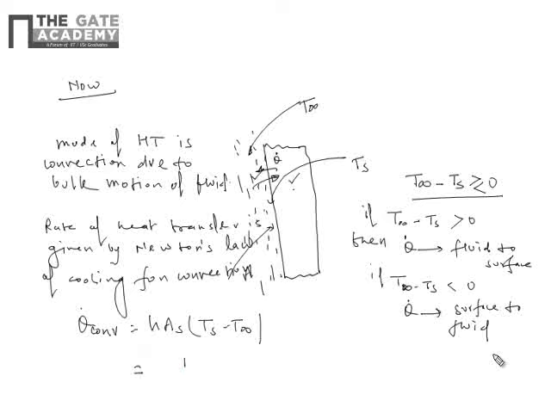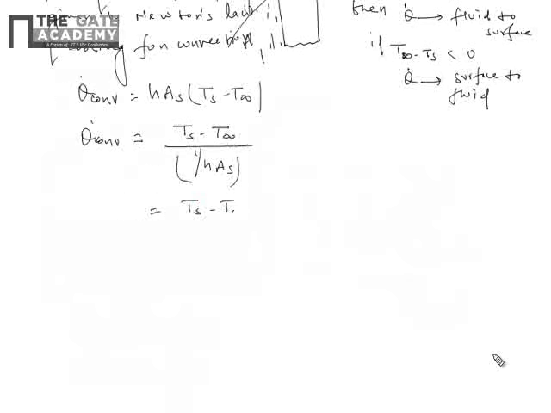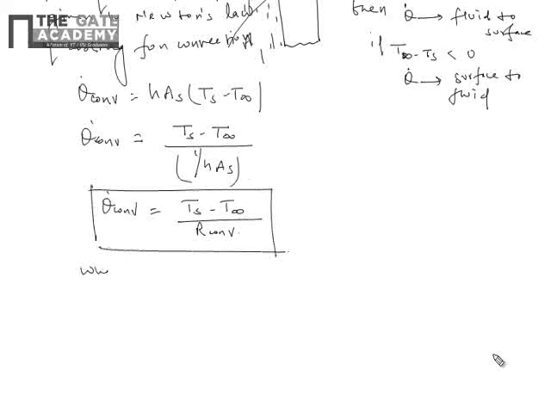So I can write this as Q dot convection equal to Ts minus T infinity upon 1 upon hAs, or I can write this as Ts minus T infinity upon R convection, where R convection is given as 1 upon hAs and is known as convection resistance.